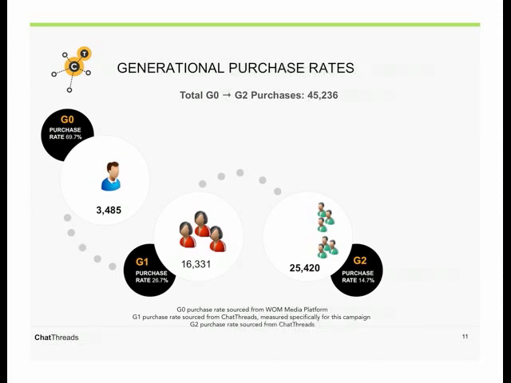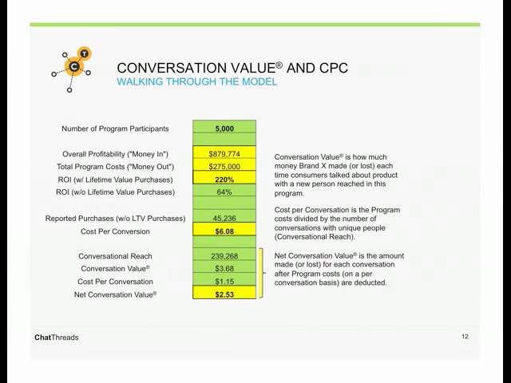Now, with that generational reach and the generational purchase rates, you can actually walk through the model. So here's how we do this. If you have 5,000 program participants that you start with, you can look at the purchases that they make, but also the purchases of the people they talk to, and the people those people talk to.